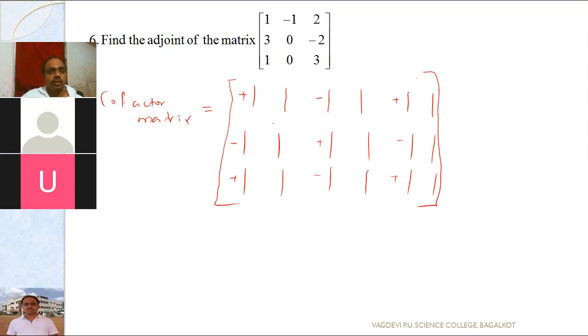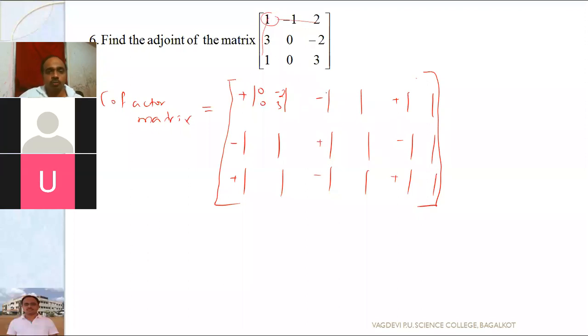This is the skeleton. Now, first plus of, what is the answer here? Which minor will I get? The first number is 1. If you delete this row and this column, observe in your notebook, what do I get? 0, minus 2, 0, 3. Correct?